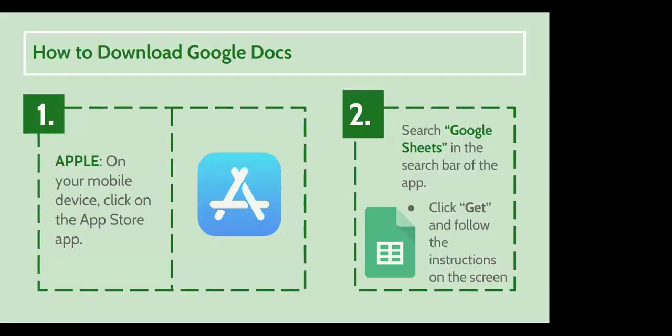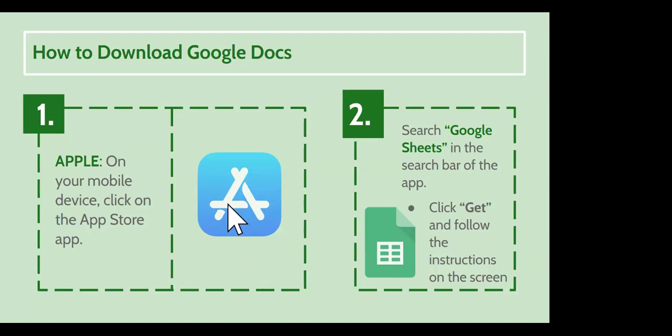How do you download Google Sheets? And here is a typo, which I apologize for, but essentially you will go to your app store. This can be different if you use an Android. If you use an Android, it will be the Google Play Store. If you use an Apple iPhone or iPad, it will be the App Store.